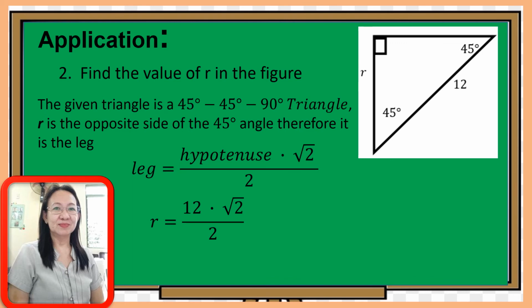And by substitution, r is equal to the hypotenuse, which is 12, times the constant square root of 2 divided by 2, which is also a constant. Then dividing 12 by 2 will give us 6. So r, or the leg, is equivalent to 6 times the square root of 2.